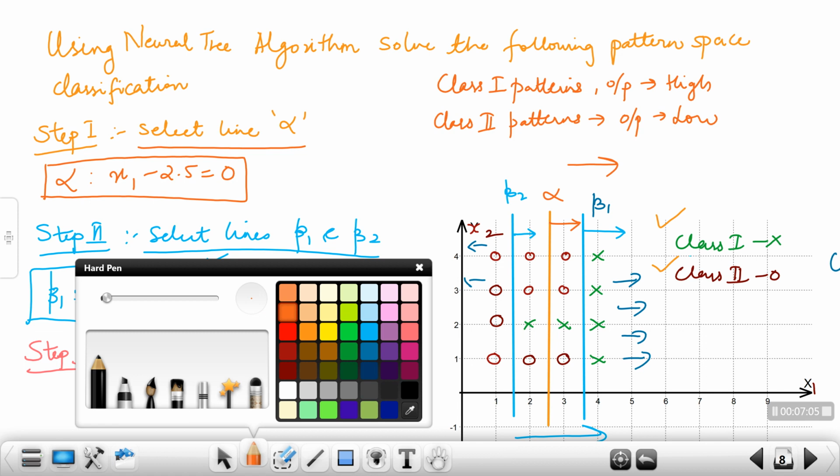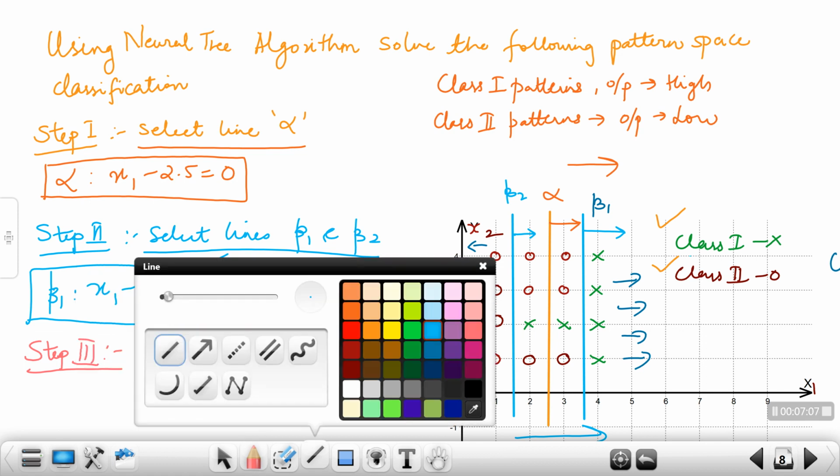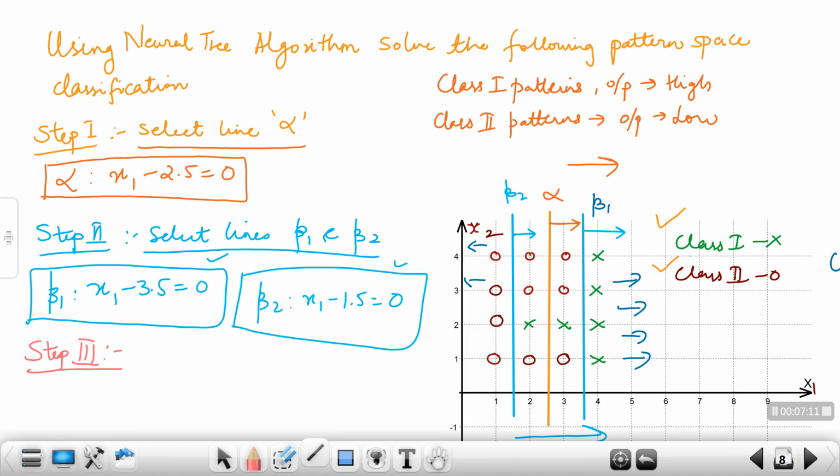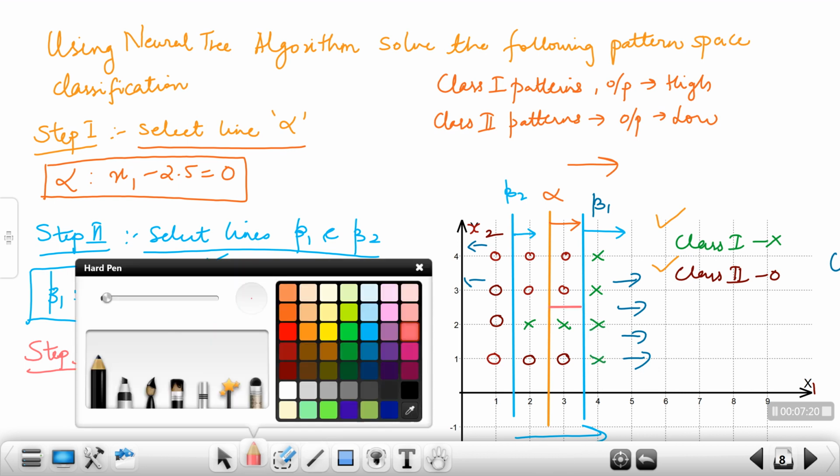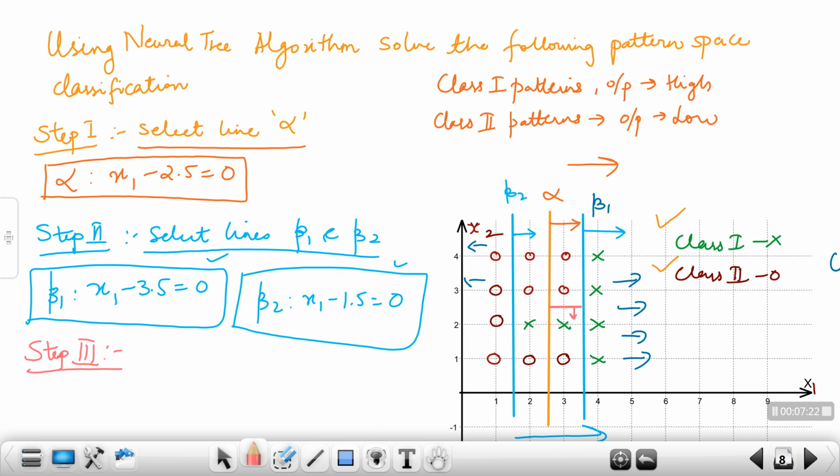Now in step 3 we need to select 2 more lines such that it will do the classification. On the beta 1 side, I take a line here, and the direction which I have to take will be below, because on top it is only class 2 patterns.